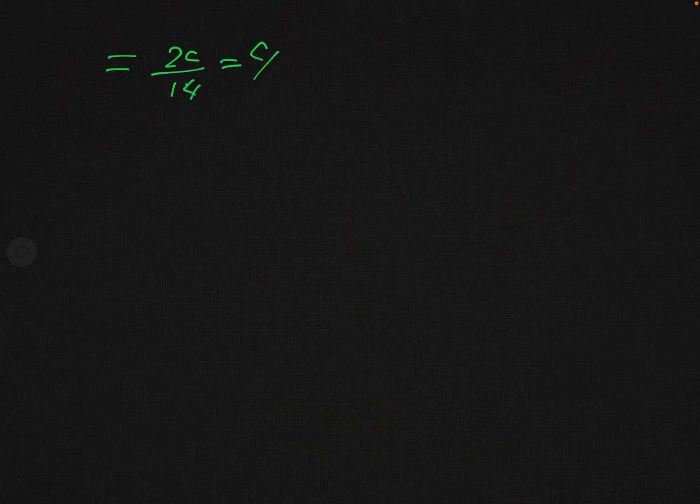After simplification, you will find that this is equal to 2c over 14, 15 will cancel out, and so this is equal to c over 7. So this is the answer. This will be the velocity of the particle after the collision.